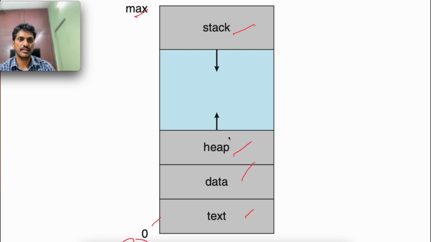When you are writing the definition for process, you also write this diagram. Remember these keywords here: there is a stack on the top, heap, data, and text. These arrows also mean it is extendable.